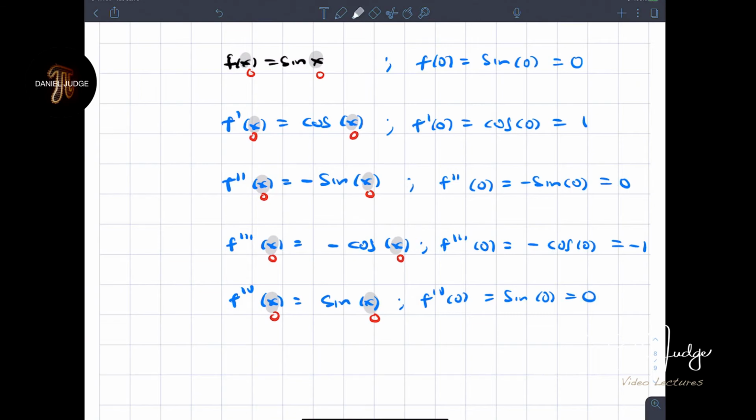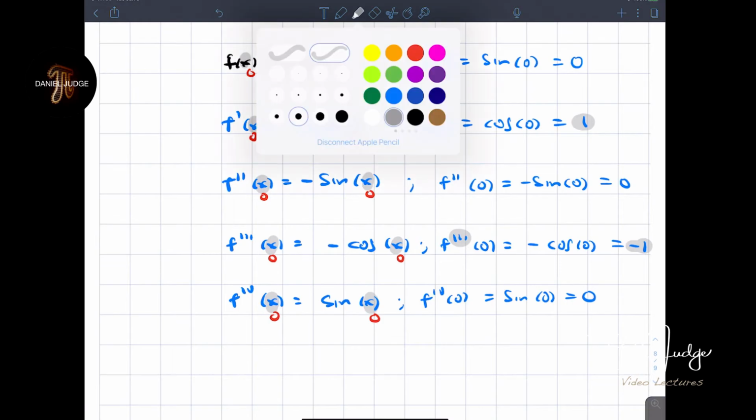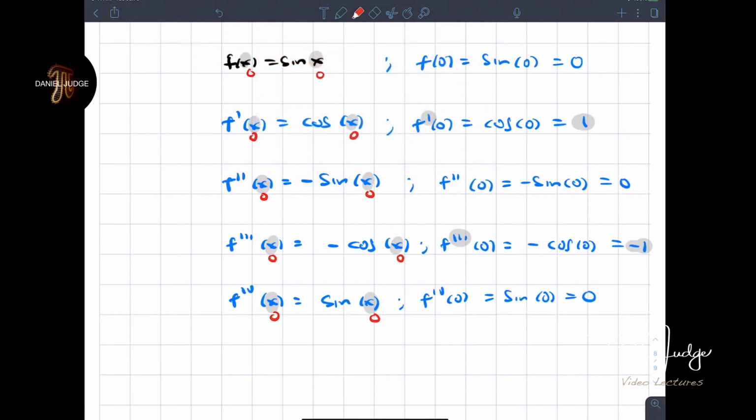So notice the pattern here. When you have 1 and 3, you alternate between 1 and negative 1. That's an important detail. But what's also important is 2, you get 0. 4, you get 0. And in fact, the value of the function starts with a 0.